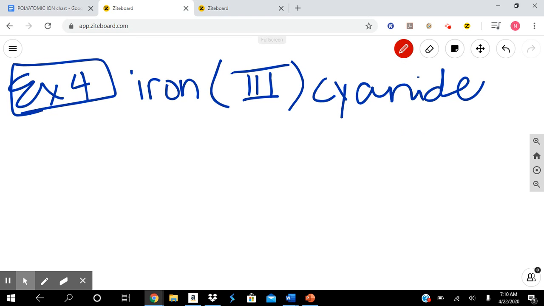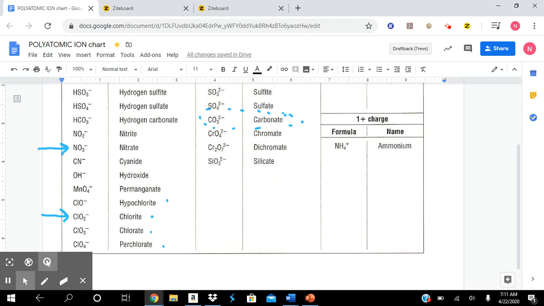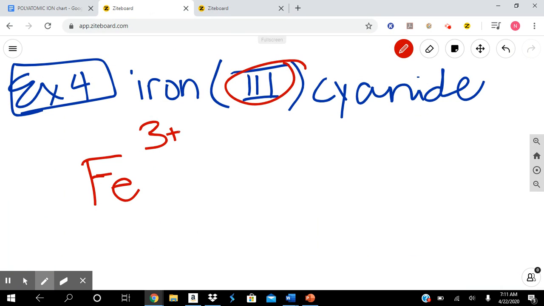All right, so first I write my cation. So I have iron, I have Fe. What's its charge? The Roman numeral. Cyanide, there's no element on the periodic table that is cyanide. So I get to my chart. Maybe you kind of remember where some of these are. Cyanide is right there. CN minus.